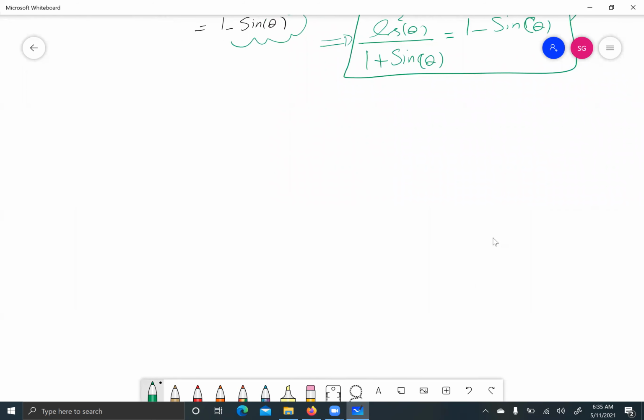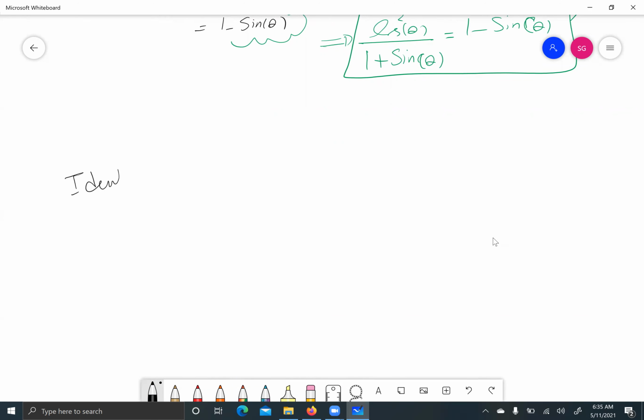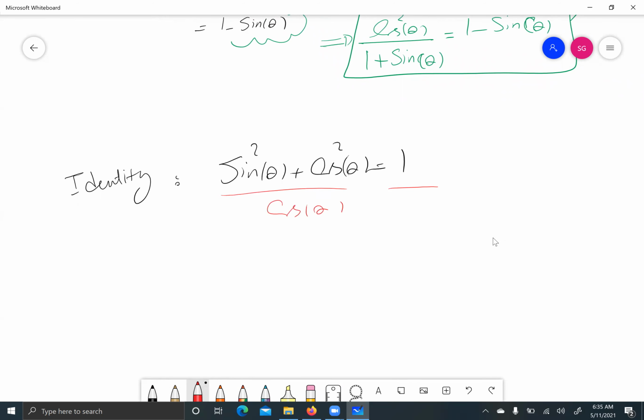Look, the Pythagorean identity is that sine square plus cosine square is 1. Now we can derive another version of this. Divide both sides by cosine square. Then it's going to be sine square over cosine square plus cosine square over cosine square, which is 1, equals 1 over cosine square.